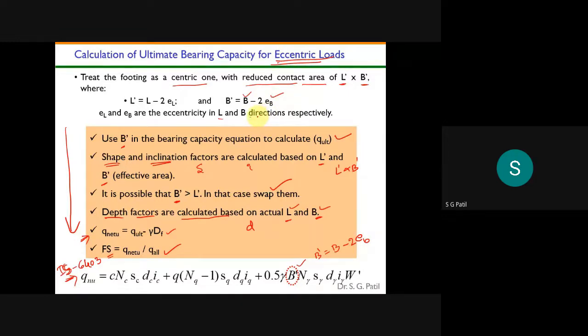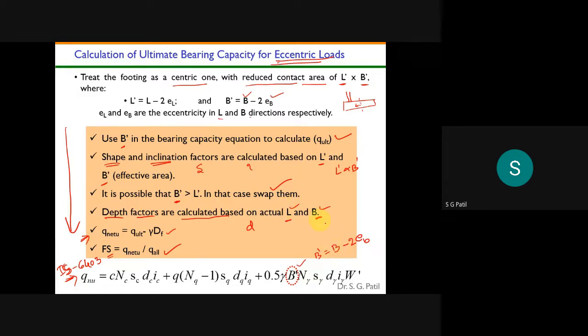Understood? Based on eccentric loading also, I will solve one problem, maybe tomorrow. If you have a column which is positioned off by some distance from the center, then how to calculate the bearing capacity, I will take up that problem in my next class.